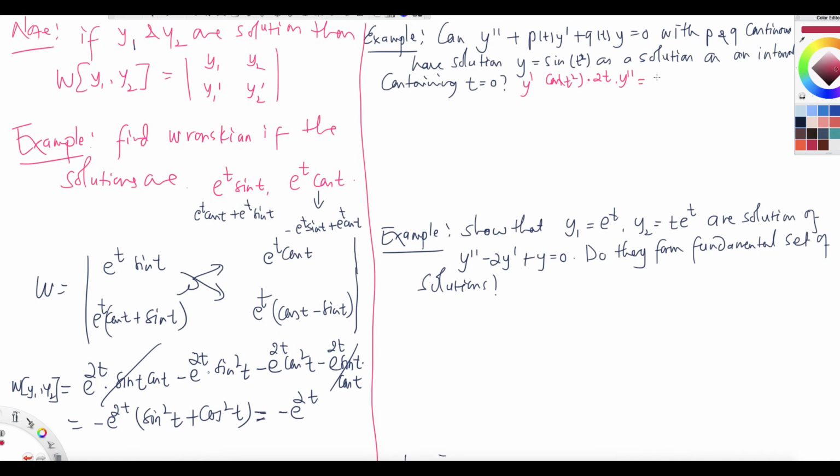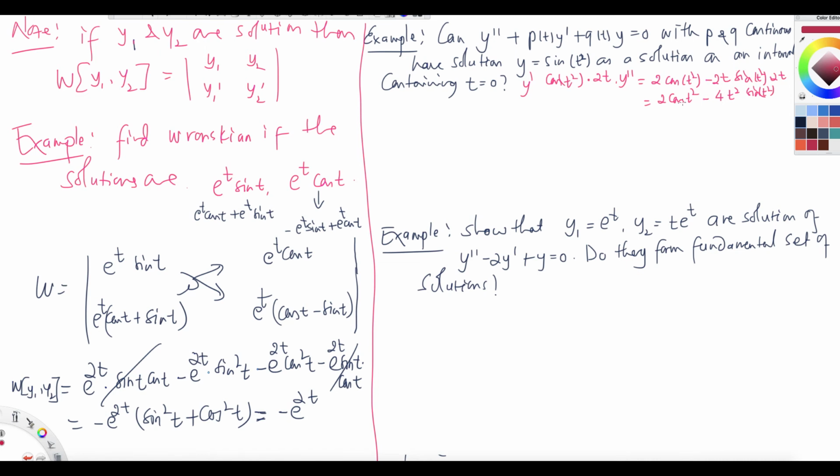So it will be 2 cosine t square, and then minus, because the derivative of cosine is negative sine, sine t square times 2t, because of the derivative of the inside, the chain rule. So 2 cosine t square, you see that, and then minus 4t square sine t square. That is the second derivative.